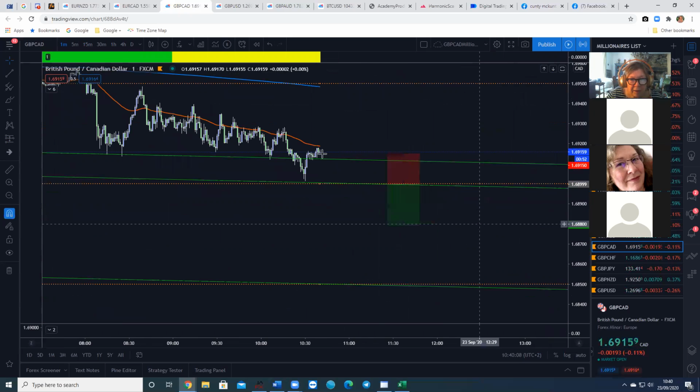So we don't want to get involved in this. I've made that mistake before too, because it can just get you trapped in that area. You want to see it clear. The pitchfork and the quarter theory, it's a very nice potential entry point. Once that 62 comes into that zone, you've then got your 3 confirmations.